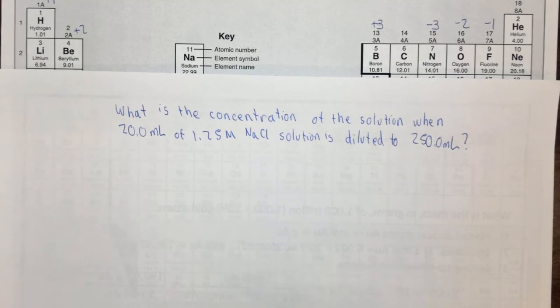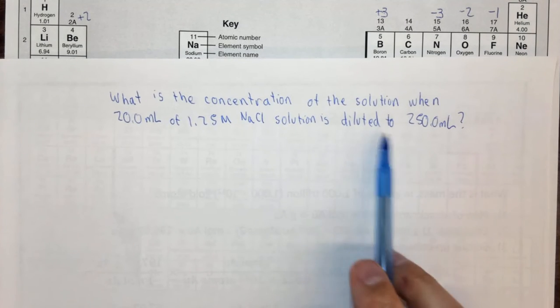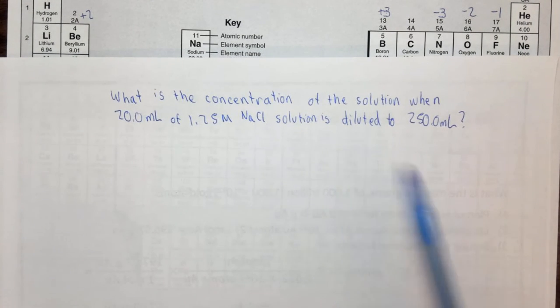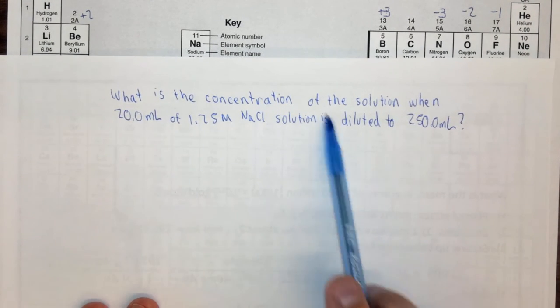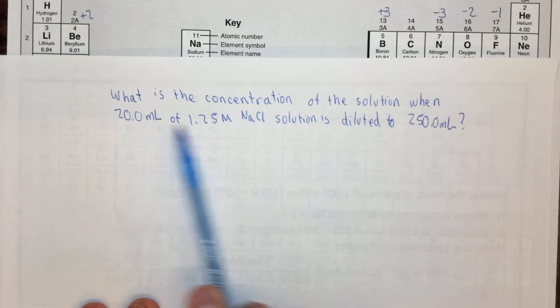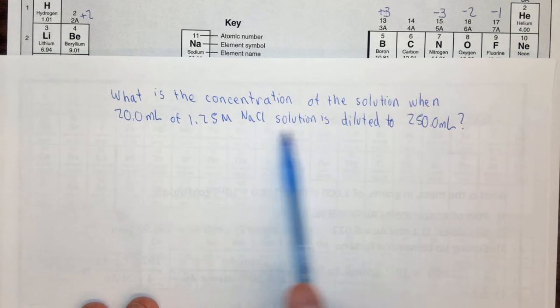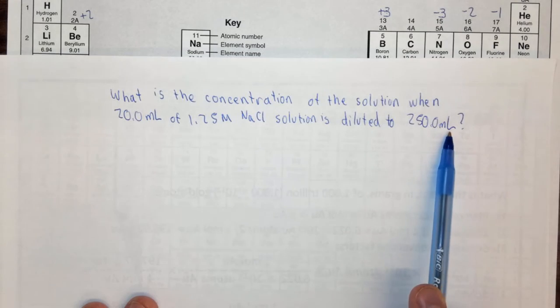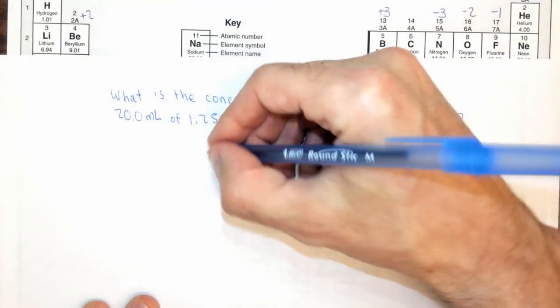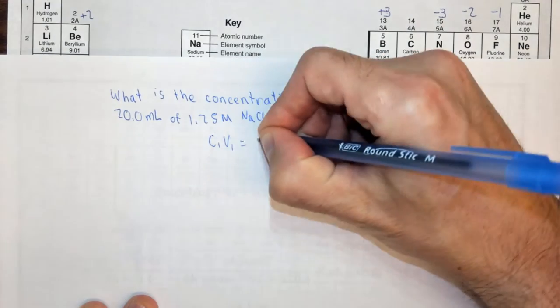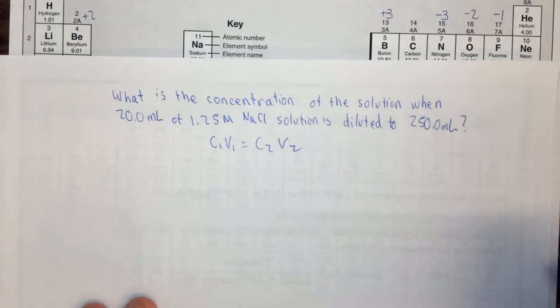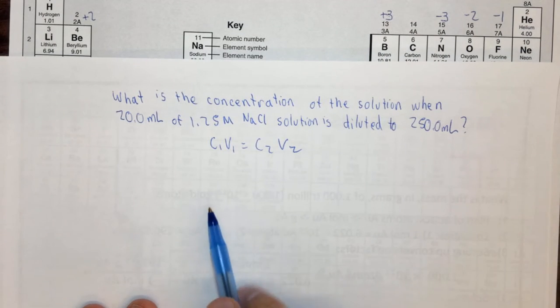All right, so this dilution question actually has the word diluted right in it. They don't all, but this one does. So of course we're going to use C1V1 equals C2V2 in order to figure out this final concentration.